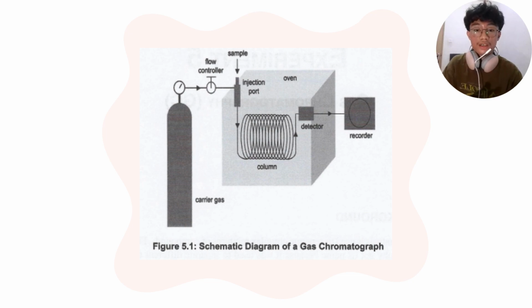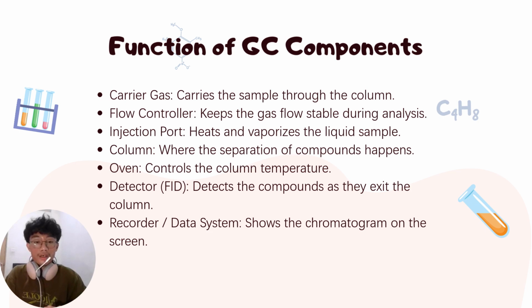So this is a figure about the schematic diagram of a gas chromatography. So, as you can see, this is a function of GC components. So all of this is the GC components. The first one we have is a carrier gas. It works as a carrier to carry the sample through the column.